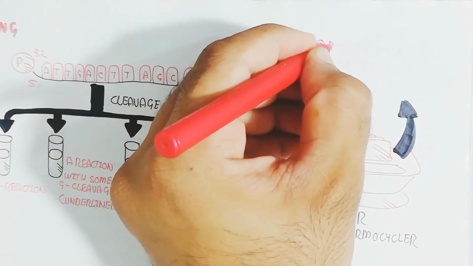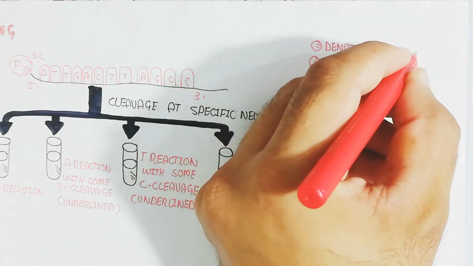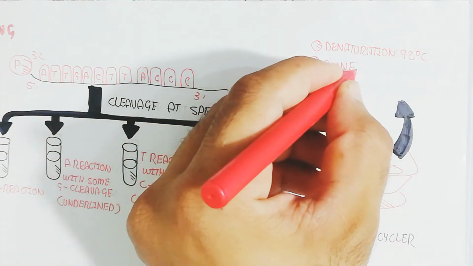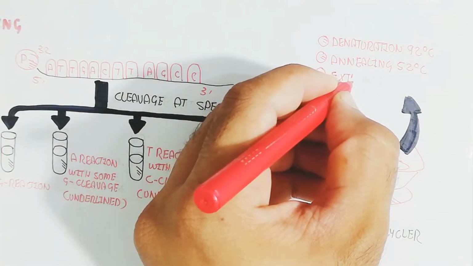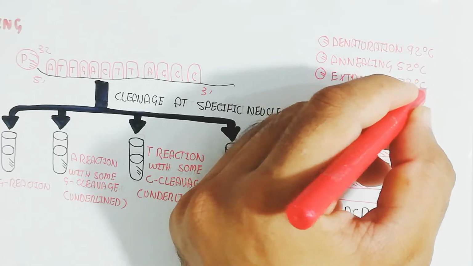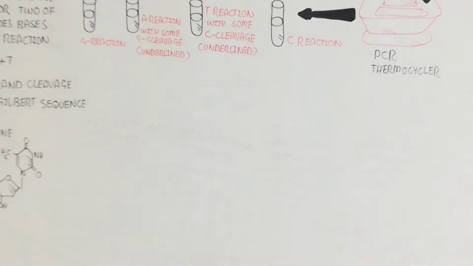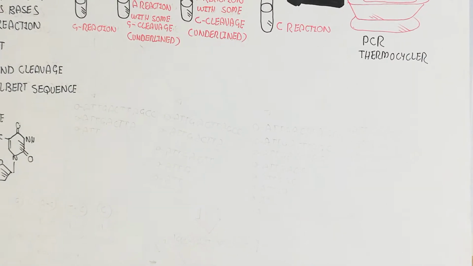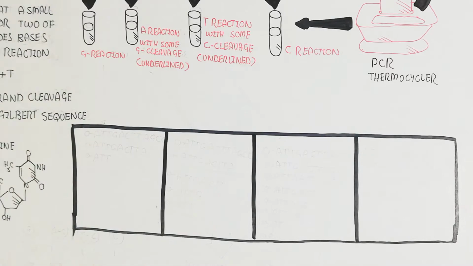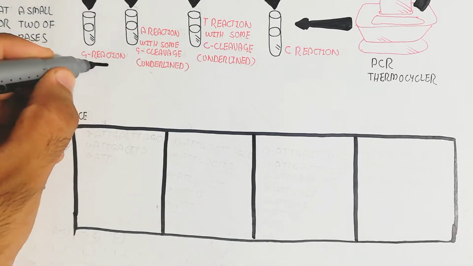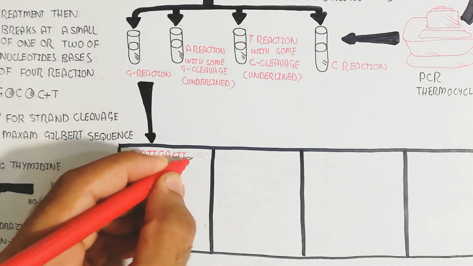Then comes annealing, where the specific primer binds, at 52 degrees Celsius, and extension occurs at 72 degrees Celsius in the thermocycler. This is PCR, the polymerase chain reaction. After this, more and more amplification of the DNA segment produces different segments.